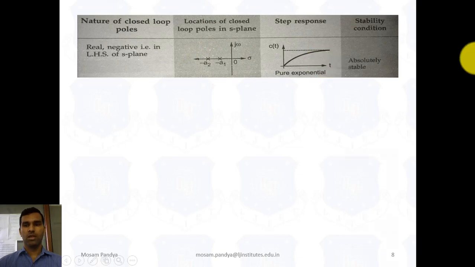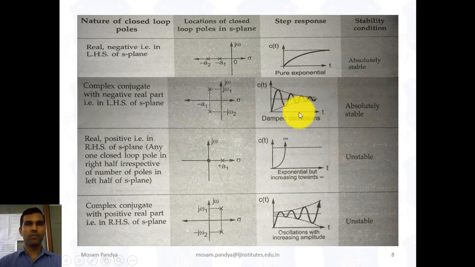Now to understand more, we take here the complex poles given as 1 plus 2j and 1 minus 2j, but here both poles are in the left hand side. So this is also known as an absolutely stable system, because both poles, real and imaginary, are in the left hand side.